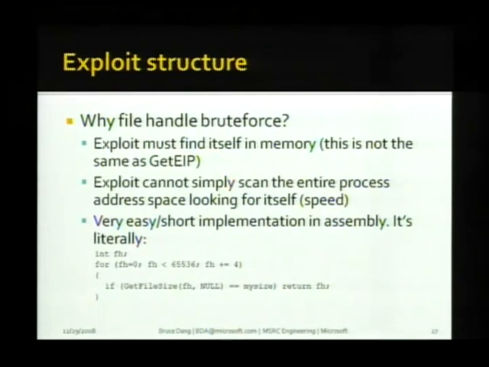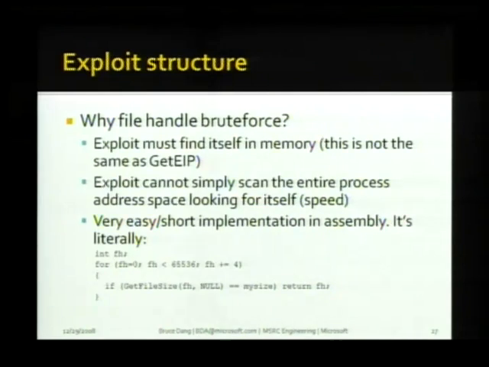So why do they need to use file handle brute force? The reason is the exploit needs to find itself in memory, and by this I mean not get EIP, but to find the physical content of the file. And in order to do that, you need to get a file handle to it.